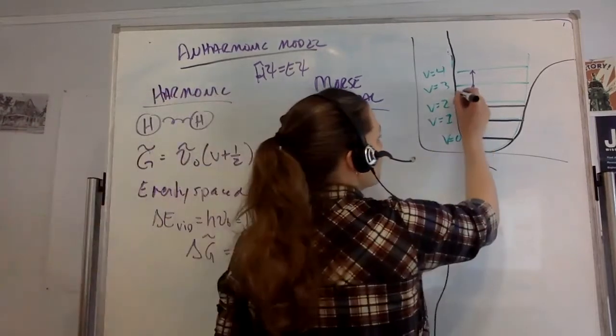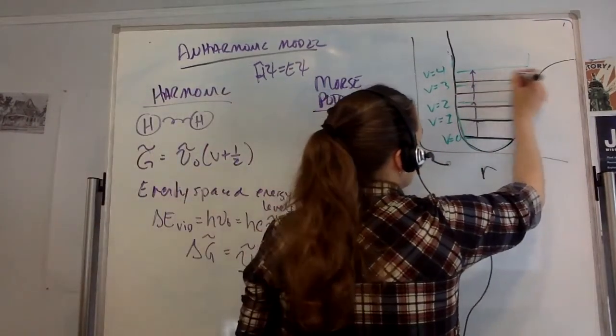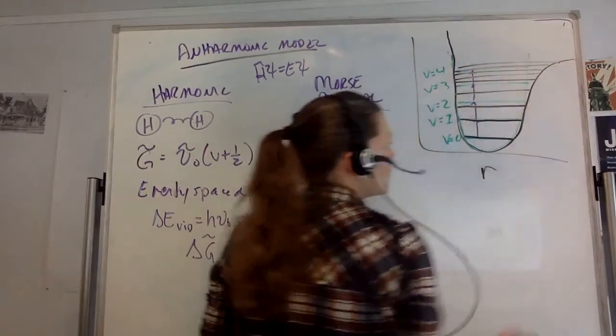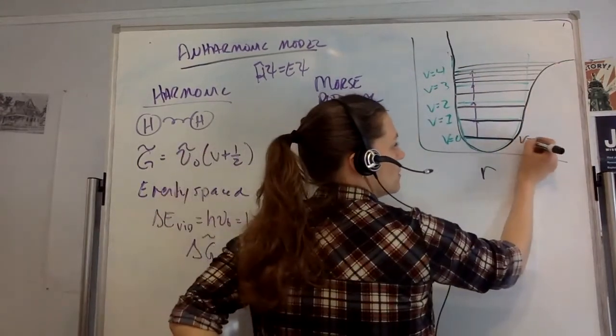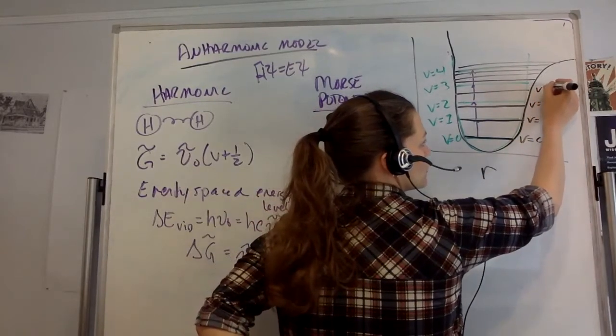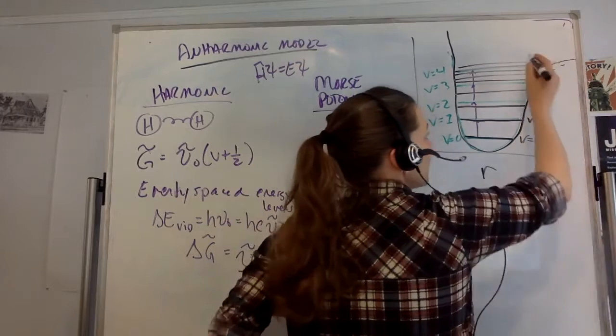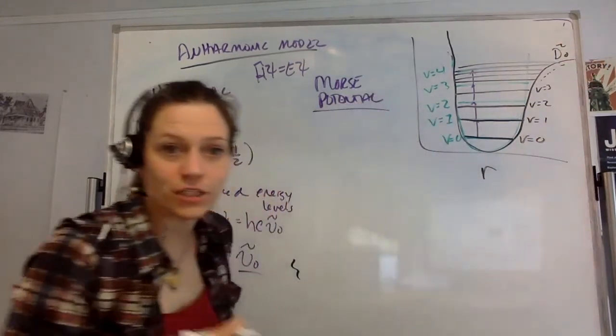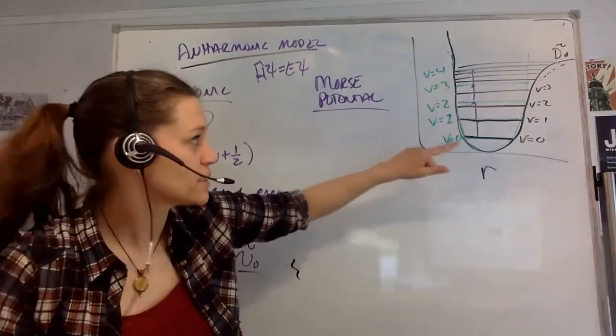But as you get higher, so this is v equals 0, v equals 1, v equals 2, v equals 3, and so on, until you get to the dissociation energy. And I'll explain what that is in a second.